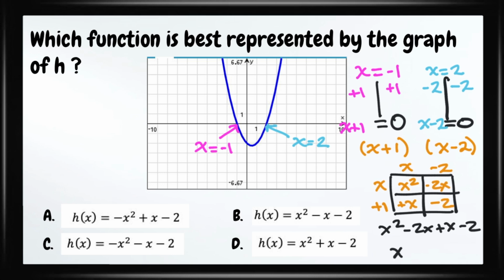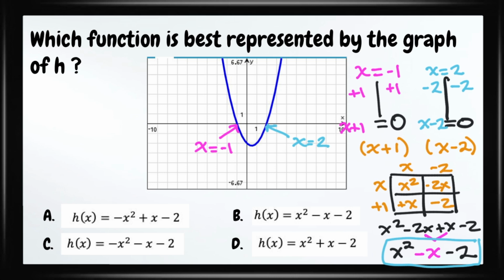The x to the second power stays the same, but I notice that those two are like terms, and negative 2x plus x is negative x. And then at last, minus 2. So my answer is x to the second power minus x minus 2.